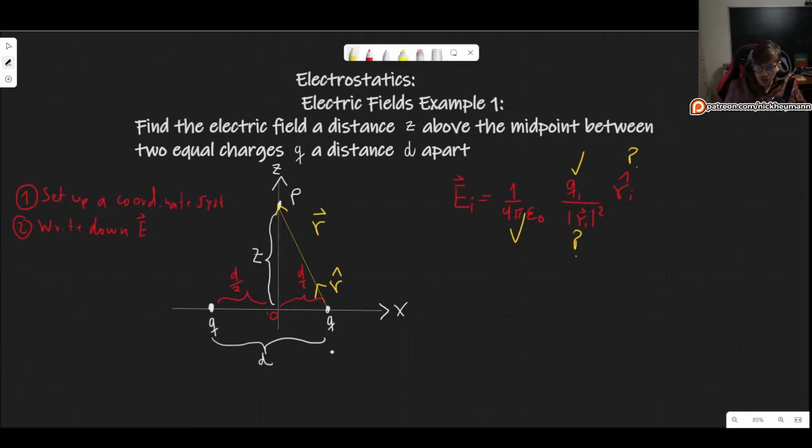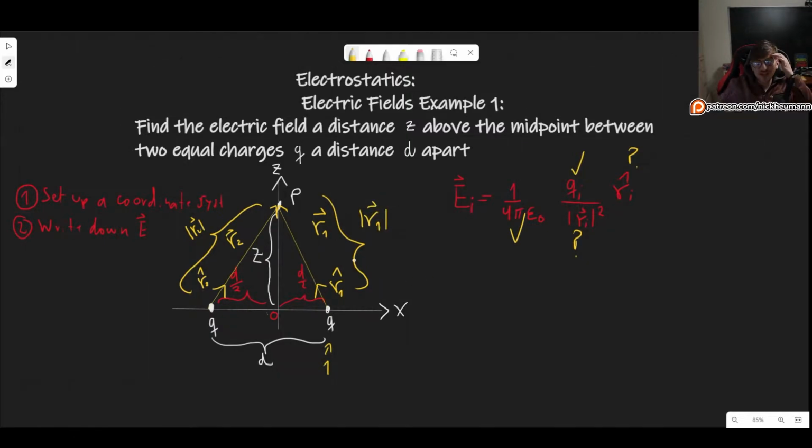If we call this one just 1, to make them different, this would be r1, and similarly, this vector right there would be r2, and thus this thing right there is r2 hat, and the distance is going to be the modulus of r2, and similarly here, that distance is the modulus of r1.